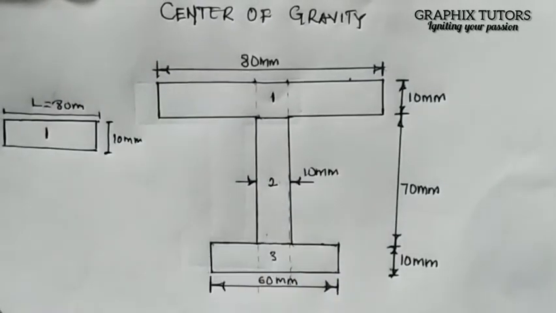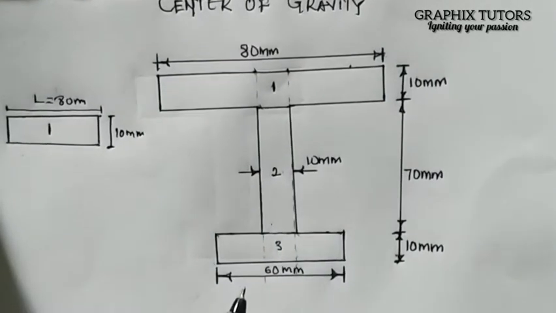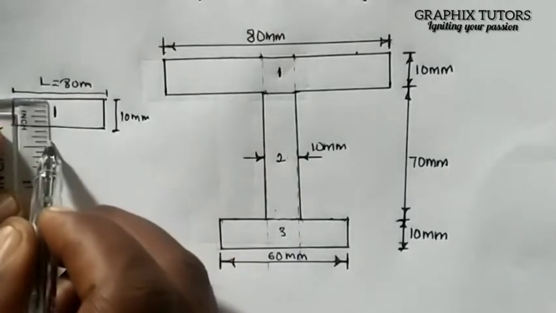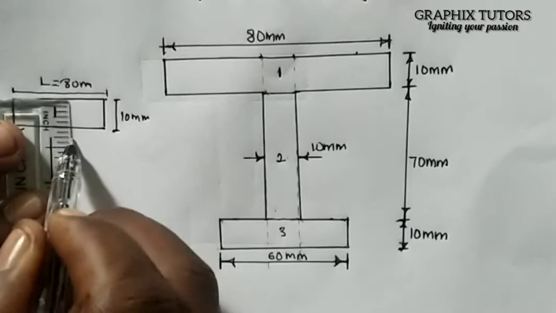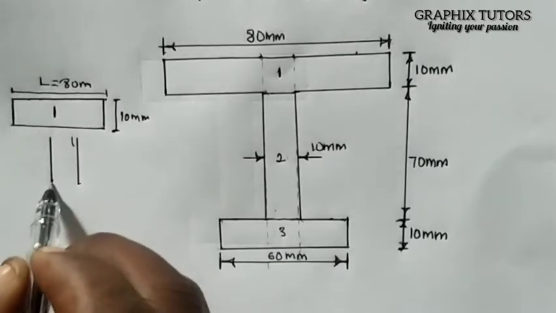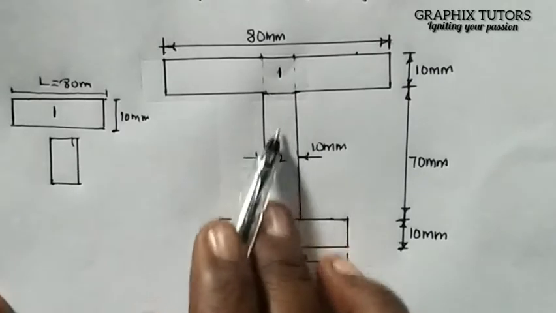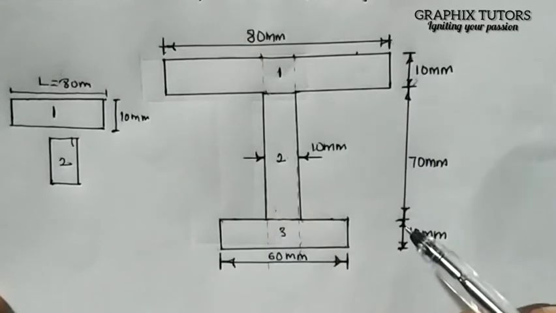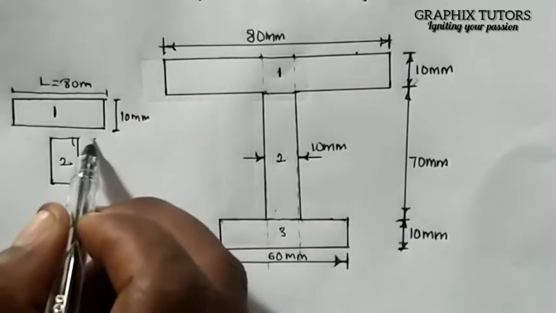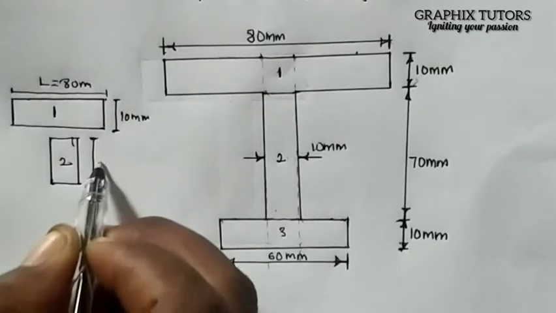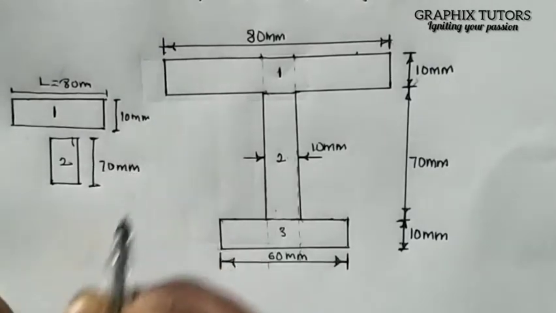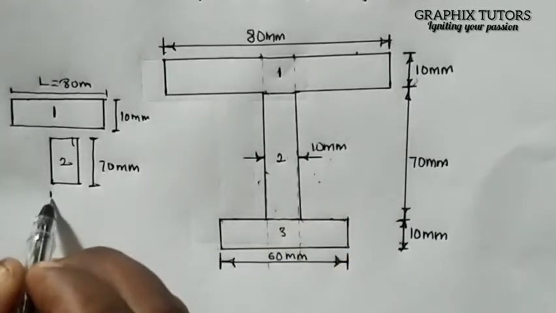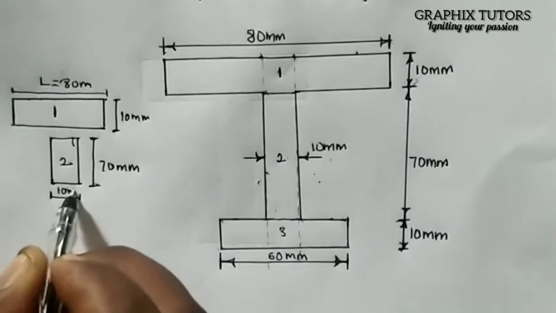Now I also have this one, which is the center here, and which is 2. From here to this point here is 70. So the height of the second figure is 70 millimeter, and the thickness of the figure is 10 millimeter, right?